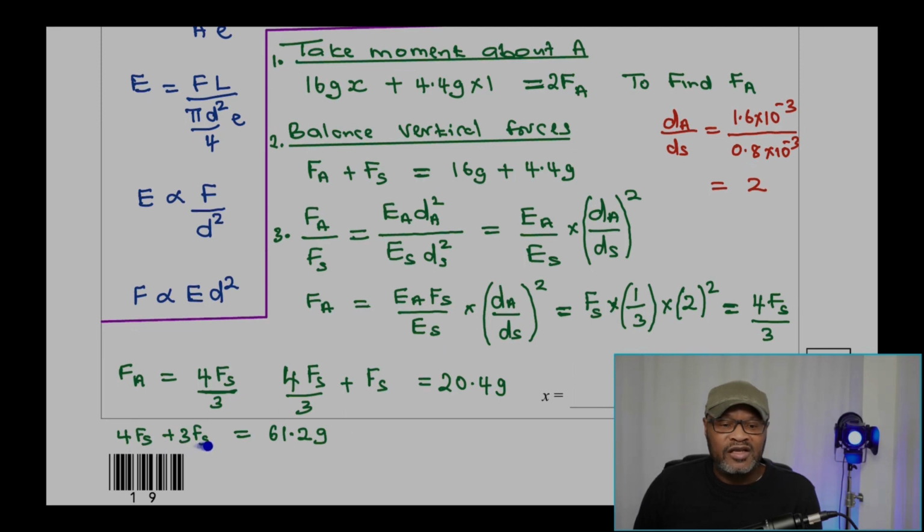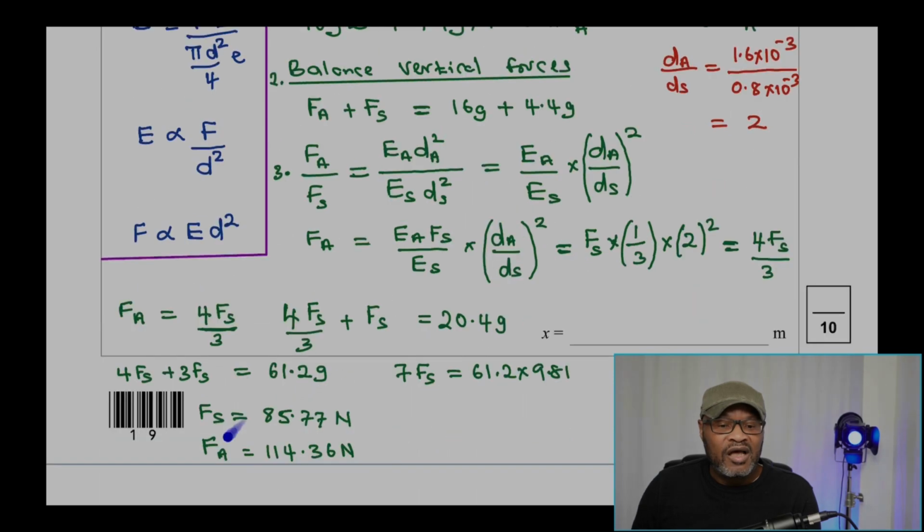Now I can find FS. 7FS equals 61.2 times 9.81, because g is 9.81, and FS is 85.77 newtons. FA will be 114.36 newtons, because I've just taken that value and put it here to then find FA.